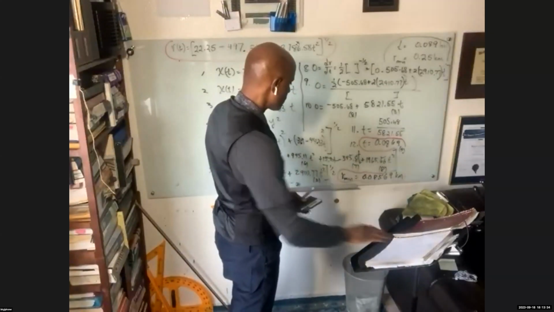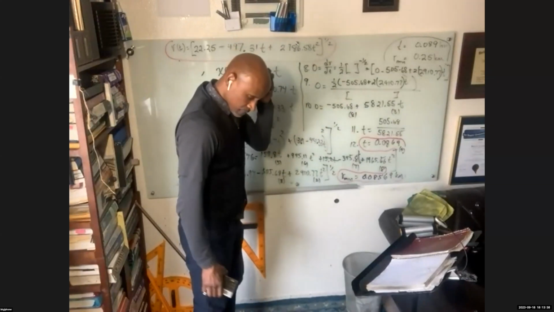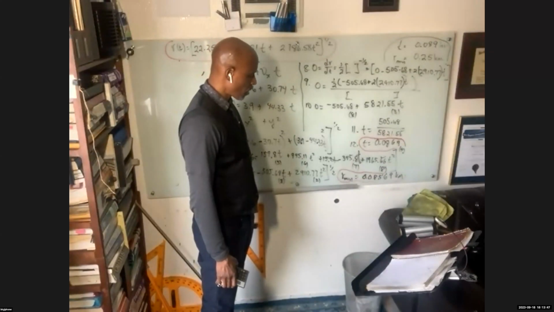When you say an error, did you get this number for R min? I'm going to count it one more time. Just please tell me what you got already. What did you get for R min? I got negative 43. I can't do a square root of a negative.